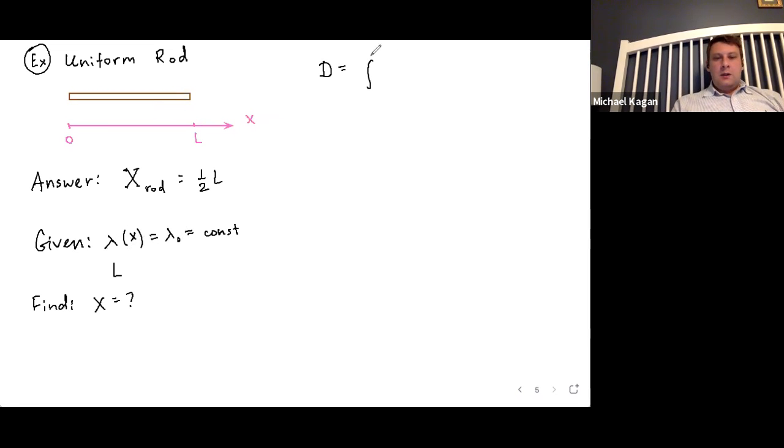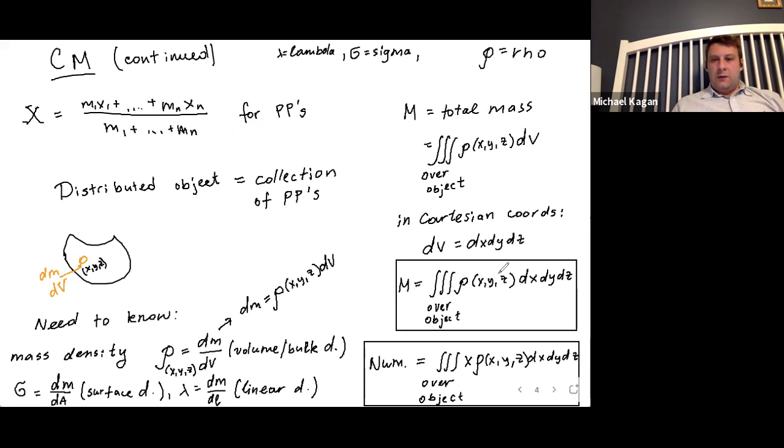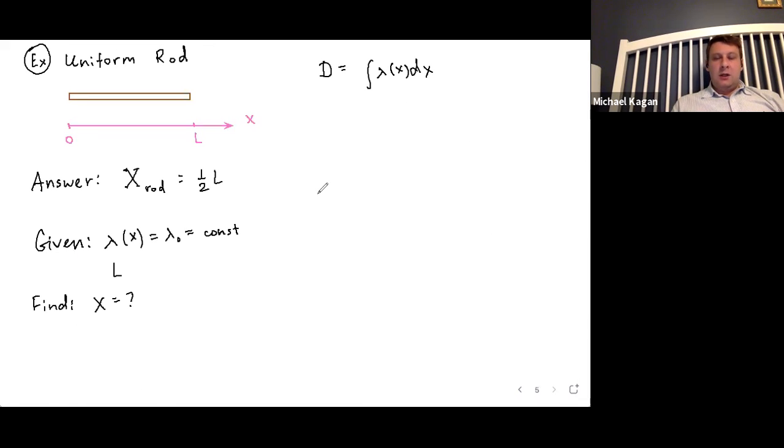Okay, so we integrate lambda of x dx, much in the spirit of the previous page. Instead of rho we put lambda, and instead of a triple integral, we have just a regular single integral dx. Now, over the object, what does that mean in one dimension? It simply means the limits of integration from 0 to L.